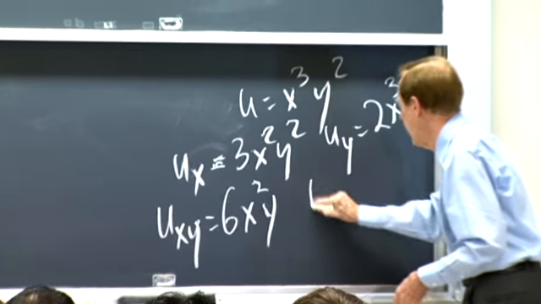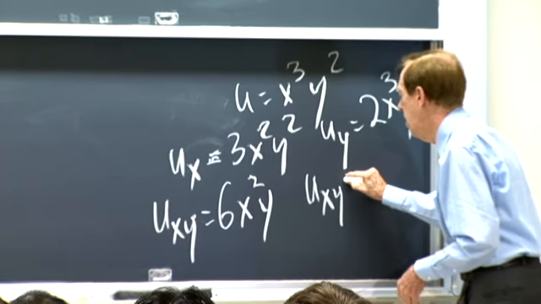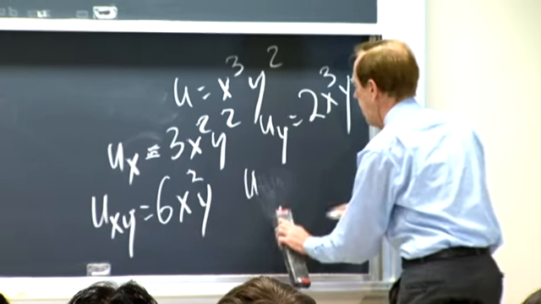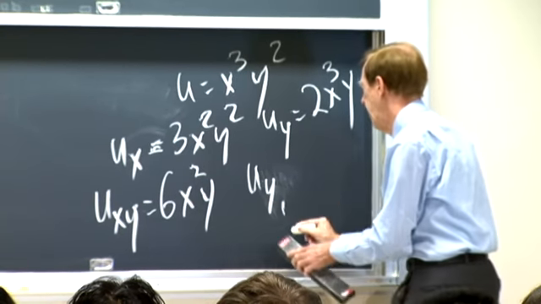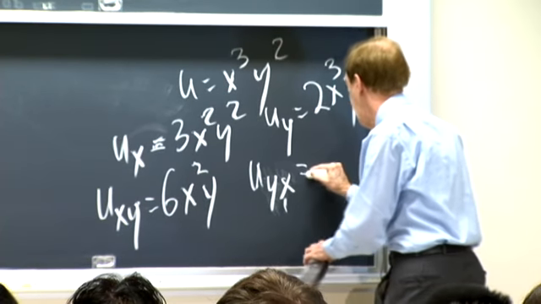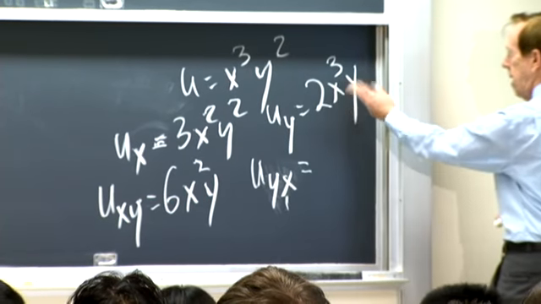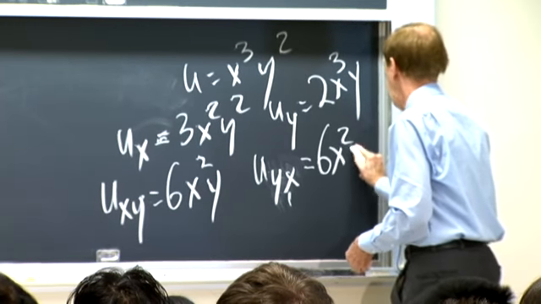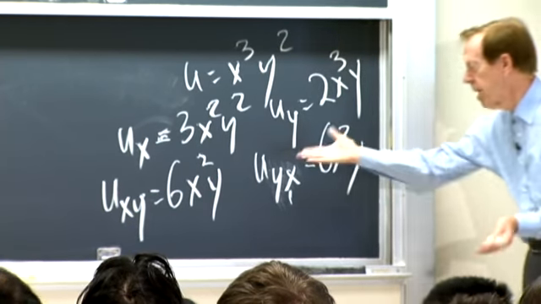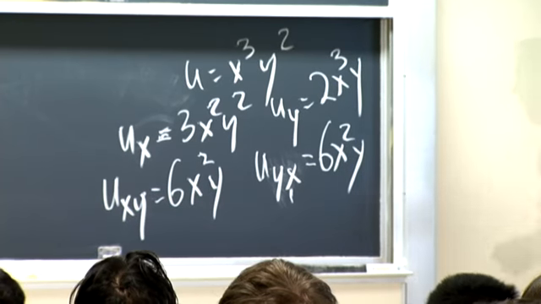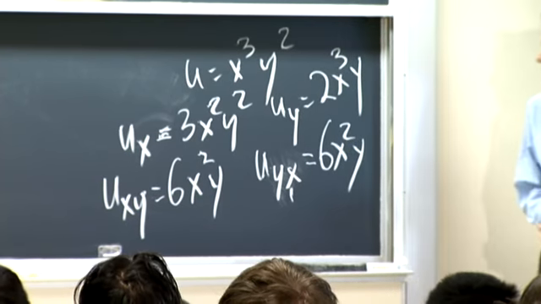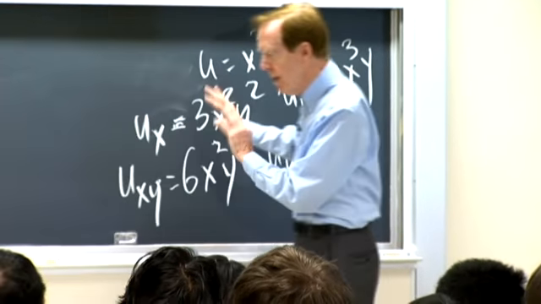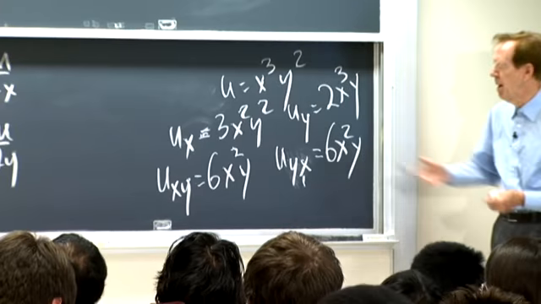And now I should take the x derivative of the other one, and what do I get? The x derivative of that is 6x squared y. And look, they're the same. Hooray. So if the function is smooth and has these derivatives, they'll come out the same.